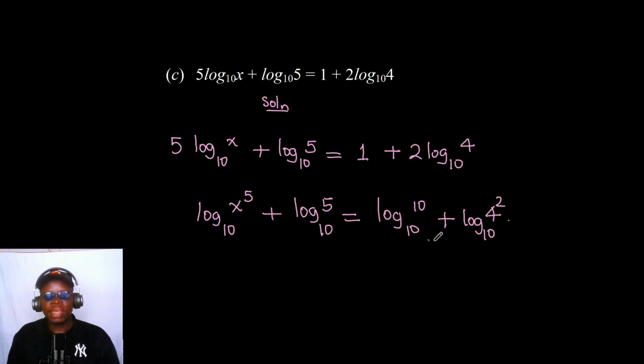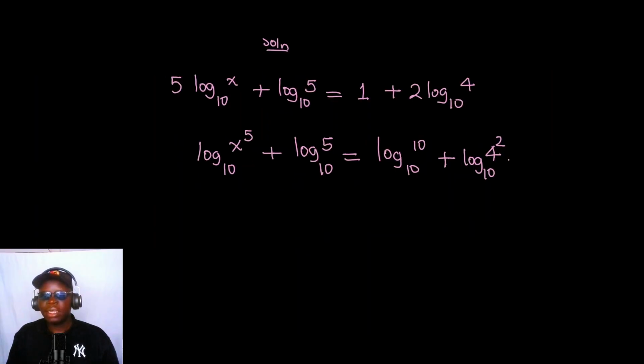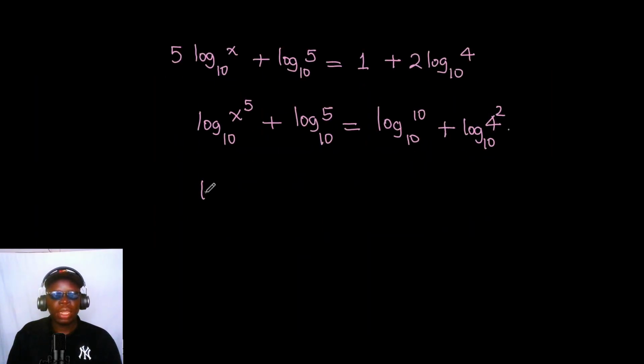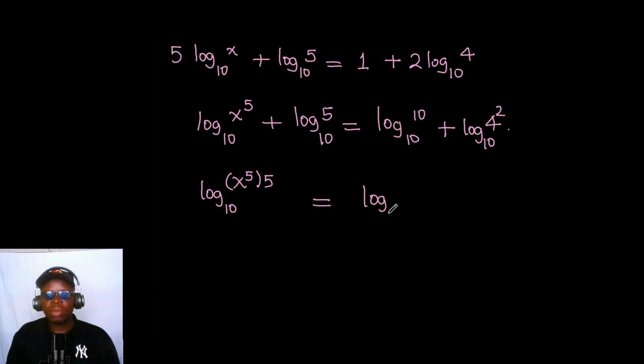So let's combine the left hand side and also combine the right hand side, and this takes us to logarithm to the same base 10 of x exponent 5, and this multiplies 5. So I'm going to use brackets for this multiplication, and the left hand side is done. From the right hand side we have also log to the base of 10 of 10, and you multiply this by, so this simplifies down to what? To 16. So we're going to write here 16. If you wish, you can have also 10 times 16 to appear more clearly the same thing.